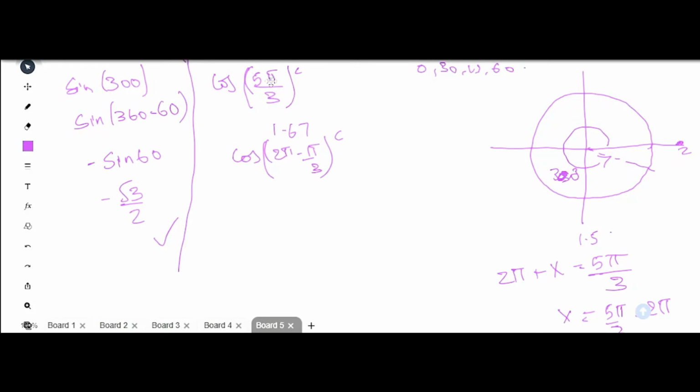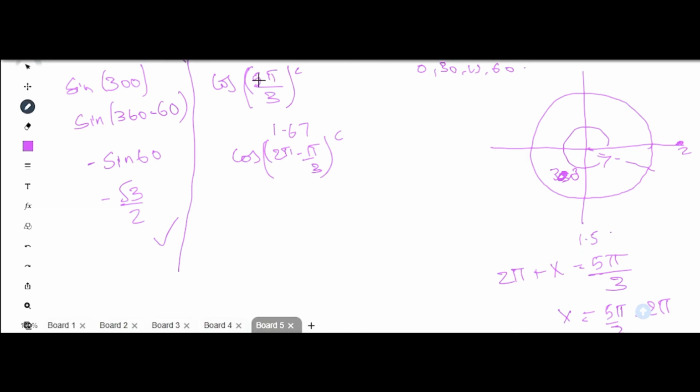Shreyansh will be slightly confused about how to do 5 pi by 3 and how to get the approach. You can consider it this way: 2 pi plus something has to be equal to 5 pi by 3. You don't know whether x is negative or positive, but finally you have to get the right answer. Also, why do we consider 2 pi?